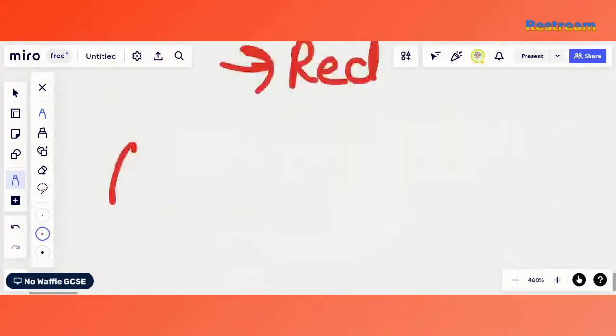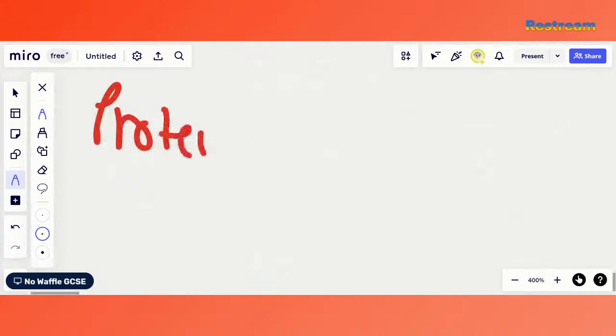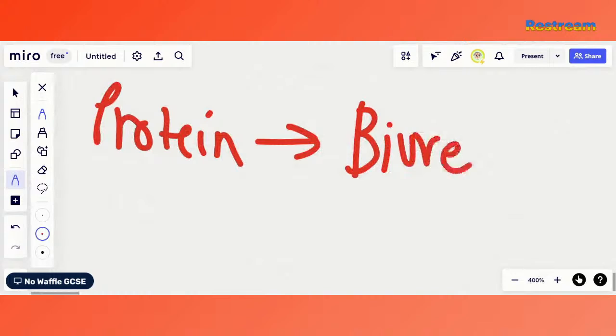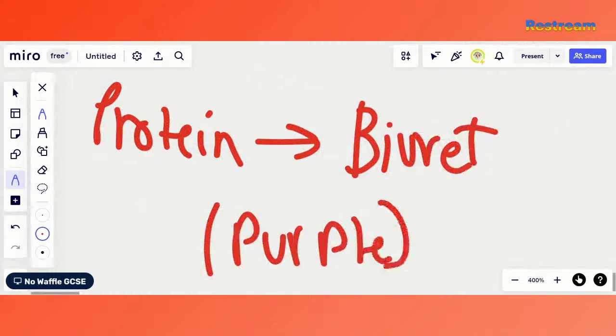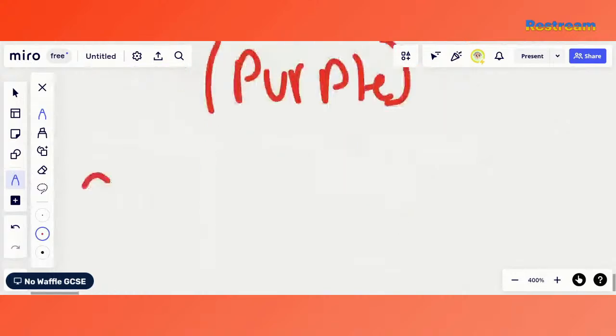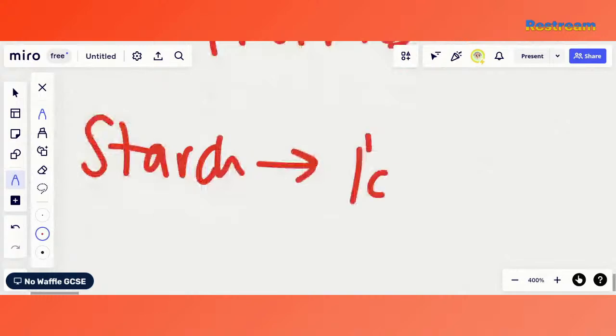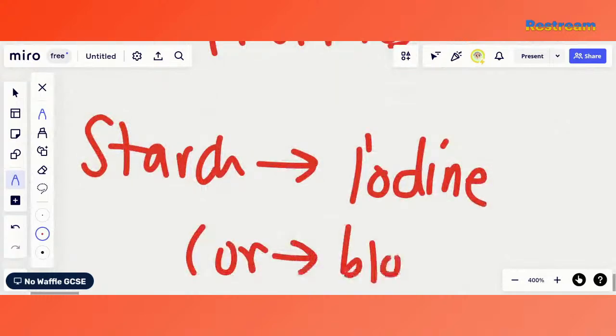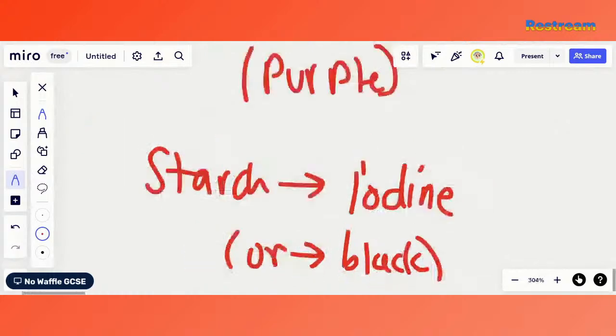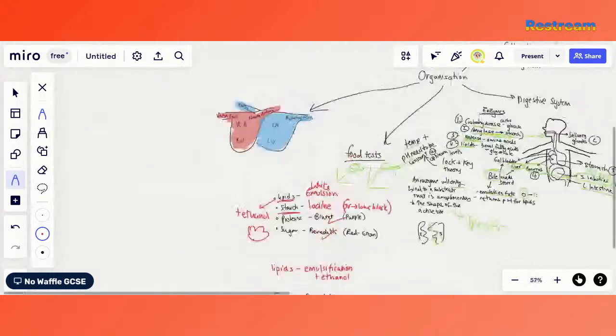We have protein, which is tested via biuret and turns purple. And we have starch, which is tested via iodine, and if present, turns from orange to black or blue. So they are the food tests.